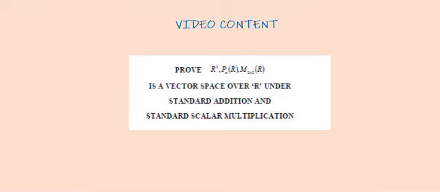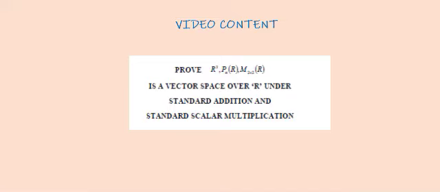In this video, we are going to prove three spaces, that is three domains: R power 3, that is R3, the set of all three-tuples over R; Pn of R, the set of all polynomials over R of degree at most n; and M 2 cross 2 of R, that is the set of all matrices over R of order 2, or we can say 2 by 2.